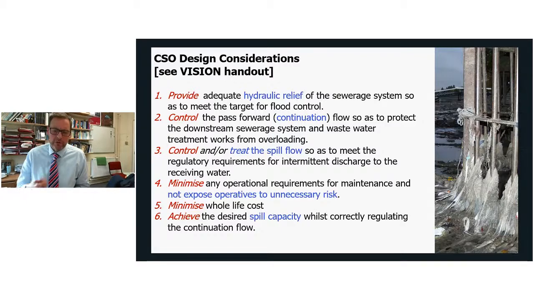And that's also about minimising the whole life costs. Okay, so these 6 points here are really just about getting the balance right between preventing flooding, protecting the environment, and making sure it's easy to maintain and not too costly.